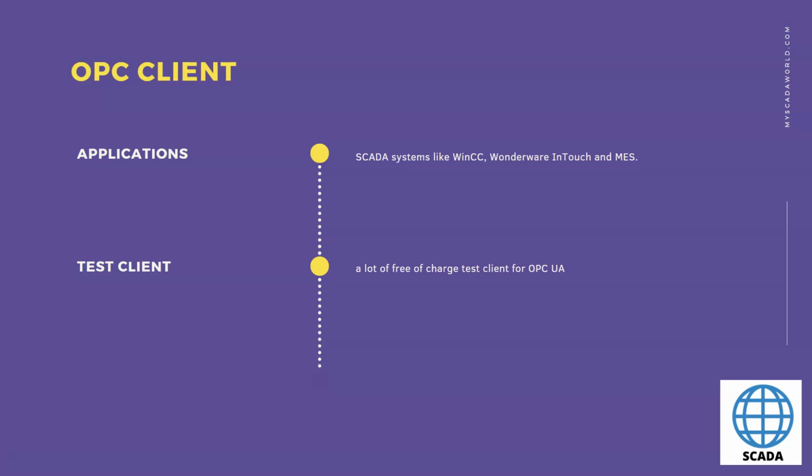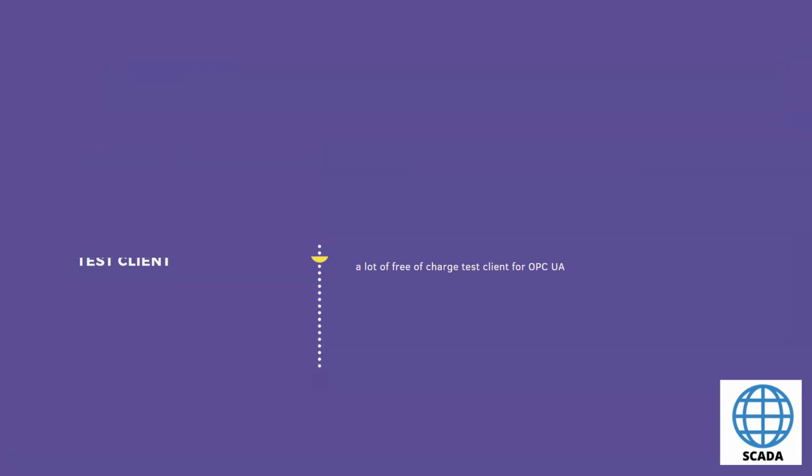In the test client we can use the option to search for an OPC server, read the current values, and read the status of the OPC server. It's the test client, so we can make this small application very useful for our big systems.